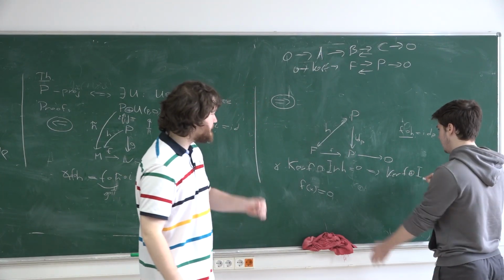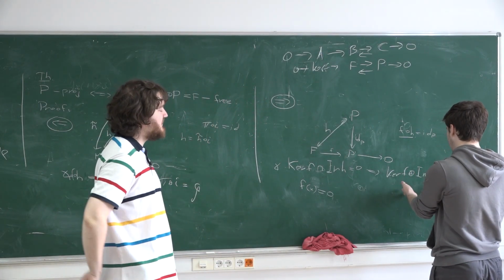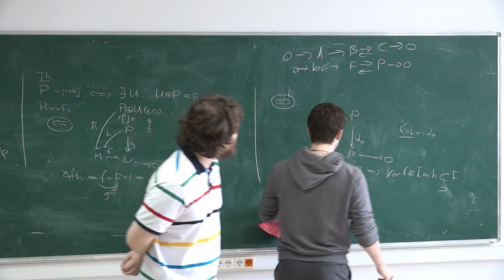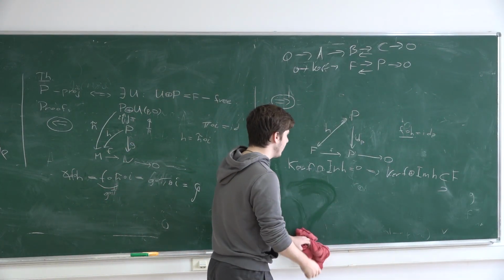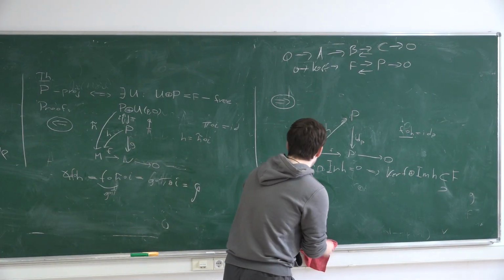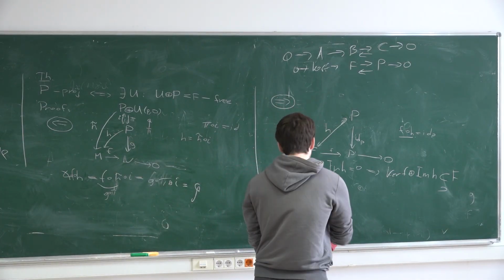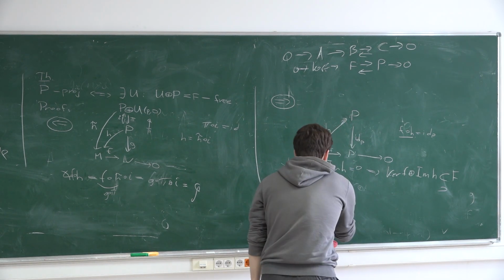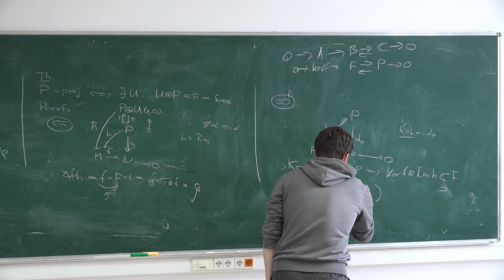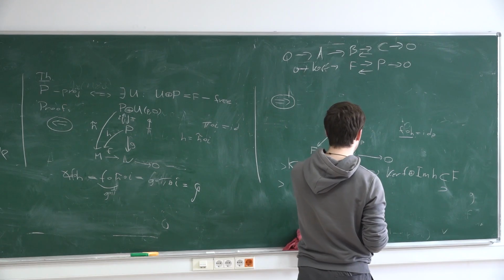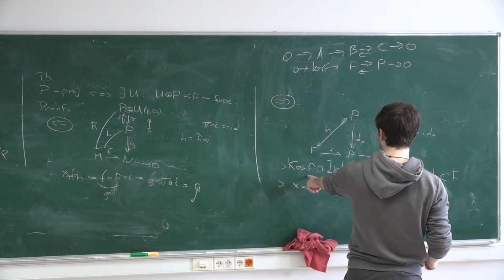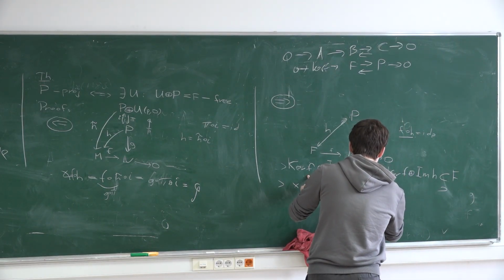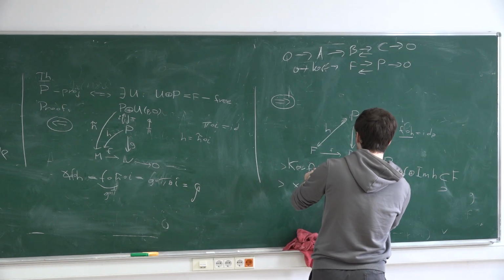So this means that we have a direct sum, and this lies in F. We need to prove another inclusion. I need to take some element x. There is some trick: x minus h of f of x, I want it to lie in the kernel of f.